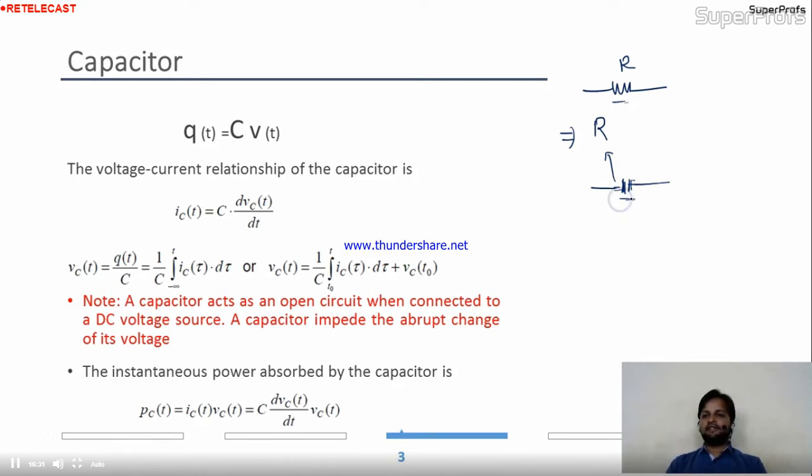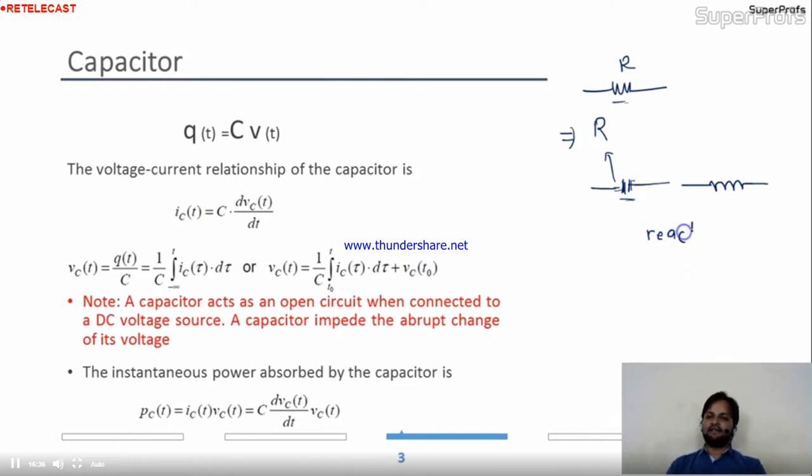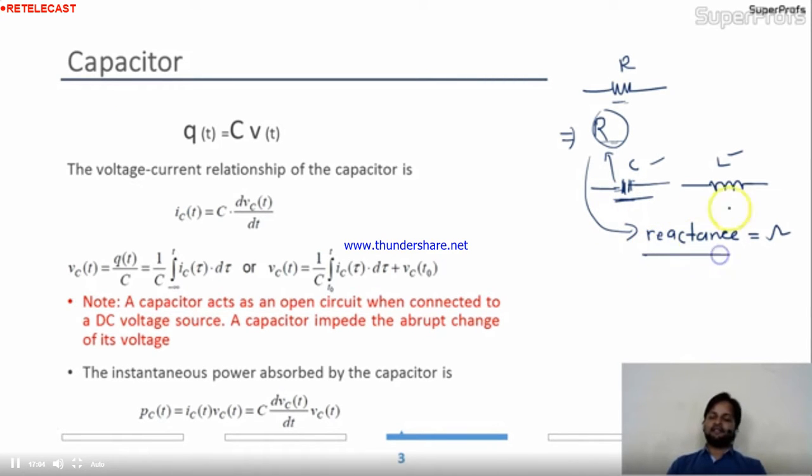For capacitors and inductors, we don't call it resistance, we call it reactance. Obviously the unit will be ohm. If you have a capacitance, this is the capacitive reactance. If you have an inductor, it's inductive reactance.